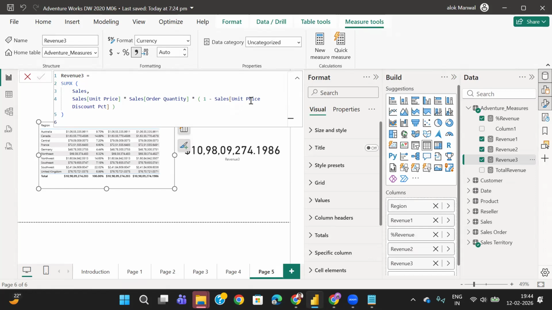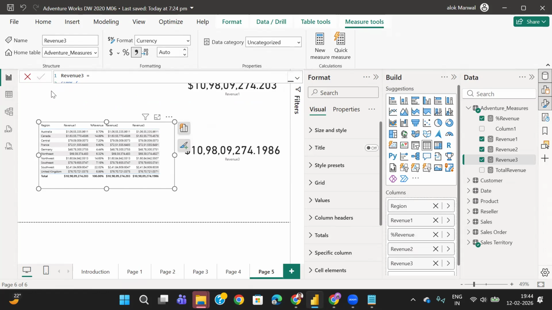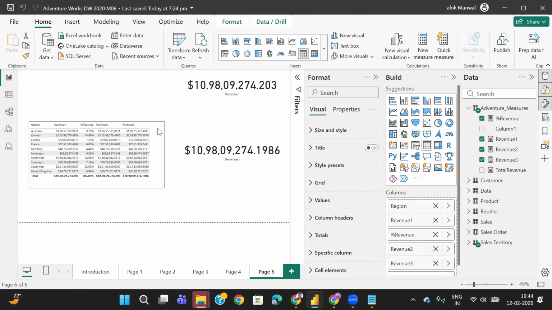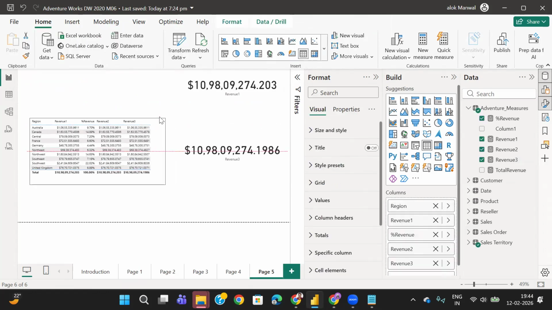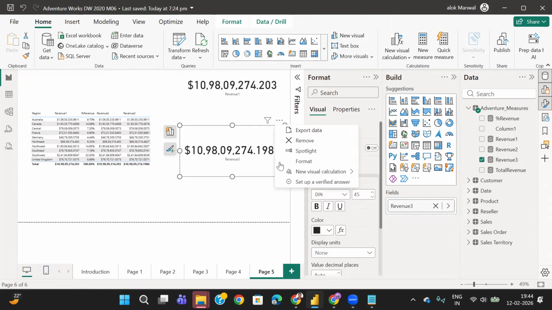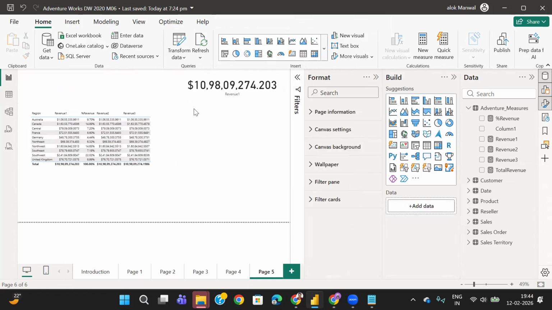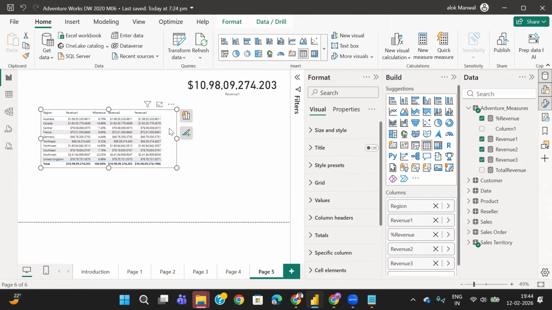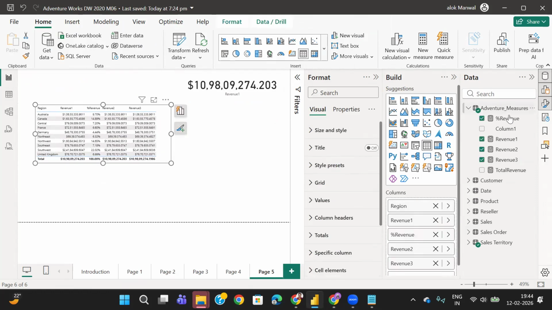Sales unit order. One sales. Yeah, we are the same. We are correct with our logic. This is the rounding issue with the discount, so we need not worry about it. I'm just removing it after getting the revenue.